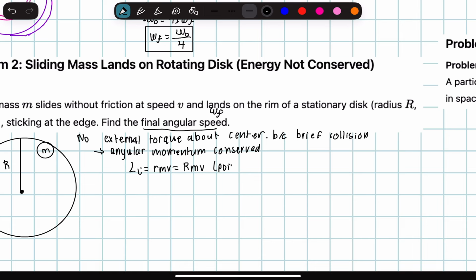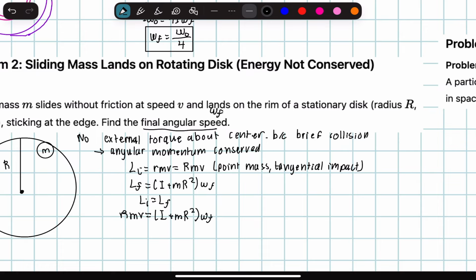This was a point mass, and it was a tangential impact. Now we can write Lf as I plus m r squared times the angular velocity final. Setting them equal, Li equals Lf, r m v equals I plus m r squared times omega f. So omega f is equal to m v r divided by I plus m r squared.